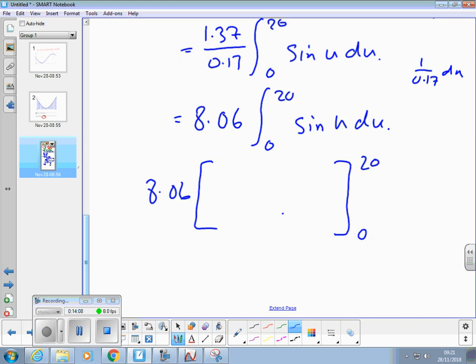What happens when we integrate a sine function in your table of integrals? Yes, it's minus cos u, because a here is 1.